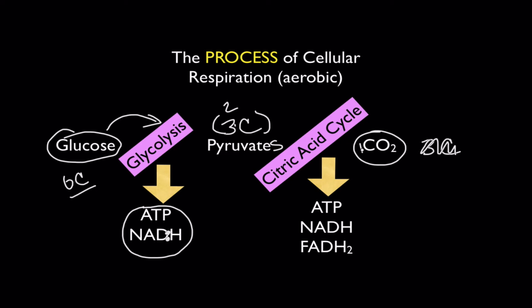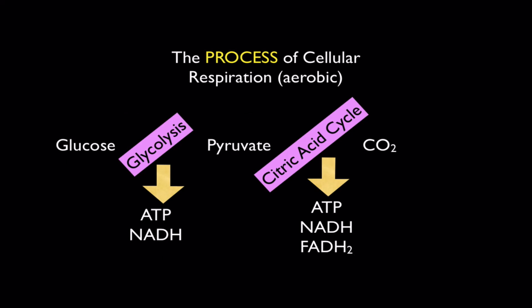So carbon dioxide, of course, is 1 carbon per carbon dioxide, so there's 6 of these guys, 6 CO2s. All right, and the citric acid cycle is also going to produce some ATP, some NADH, and a new electron carrier molecule called FADH2, which, if you want to read about it in the book, it's a little bit different from NADH, but we're going to treat it basically the same here.